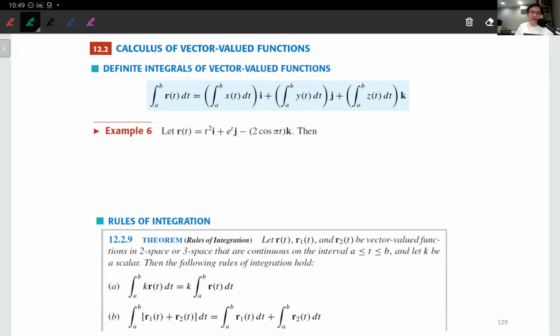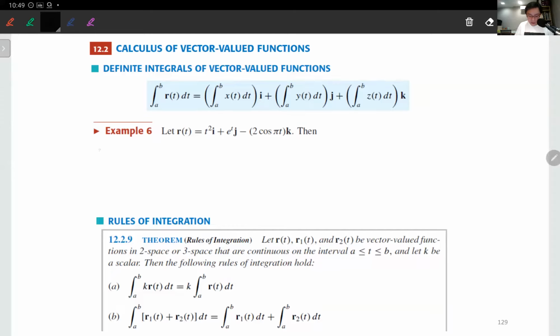So that's pretty much nothing surprising anymore at this point. So let's try example 6. If you are given R, the vector function here, and you want to do the integral, what will happen?